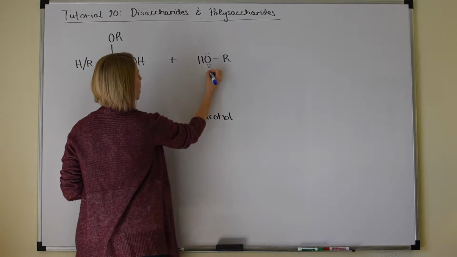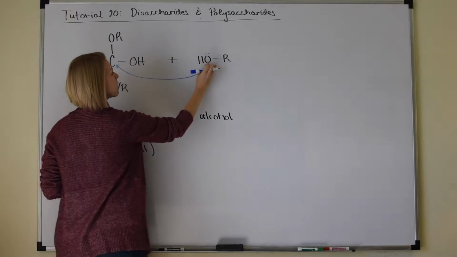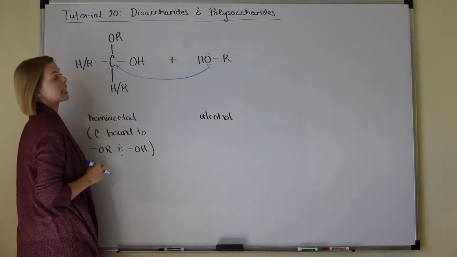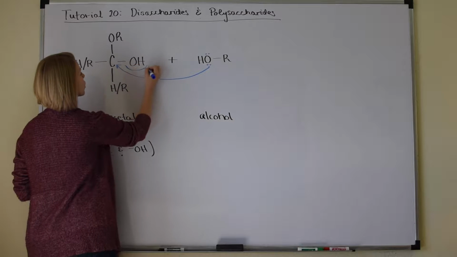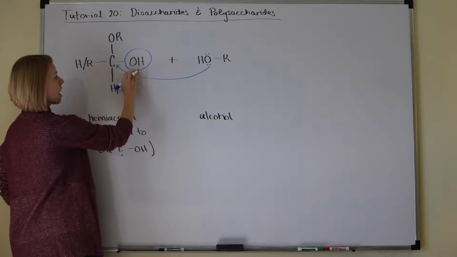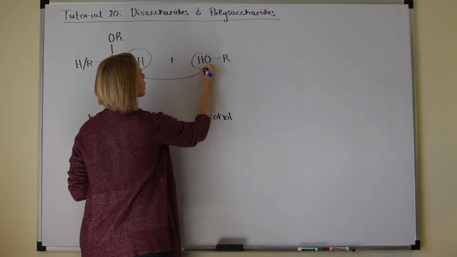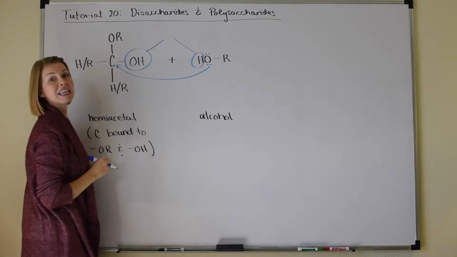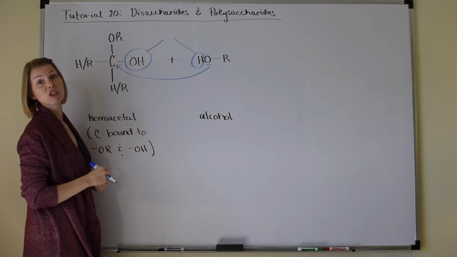And I'm going to show the new bond that's forming here with the blue arrow when those 2 electrons form that new acetal linkage. And you're going to lose the OH from the hemiacetal. We had to lose a bond, right, if we're forming a bond. And the H from the alcohol. Those are going to come together as H2O, water. So water is a byproduct of this reaction.